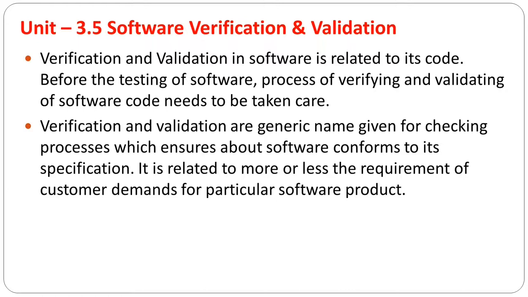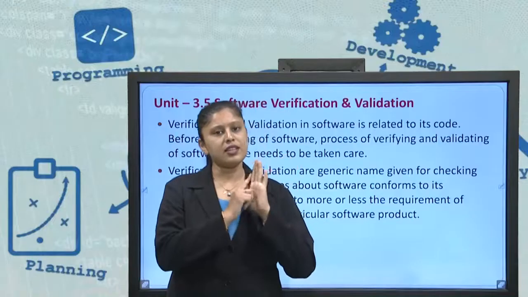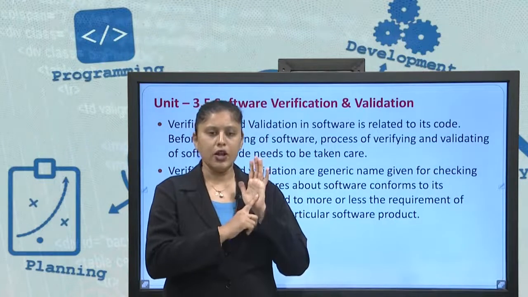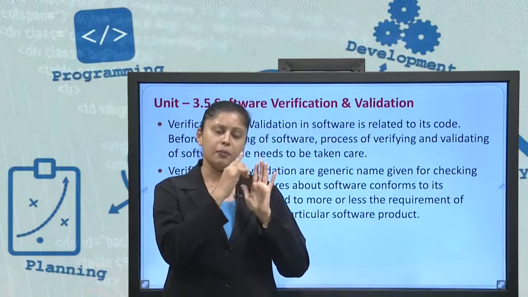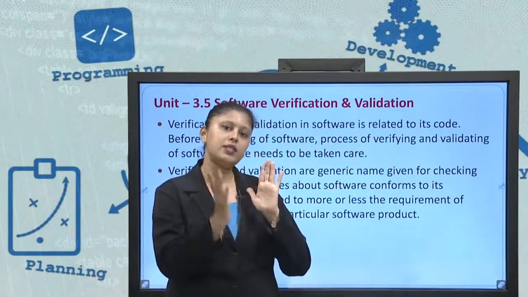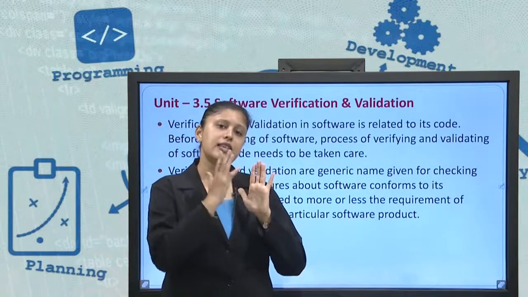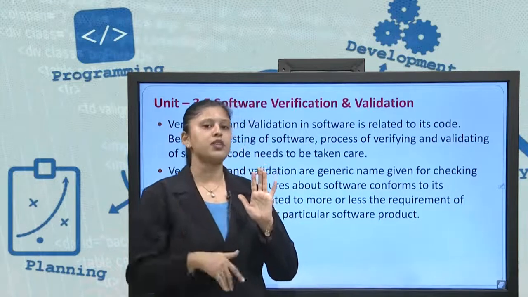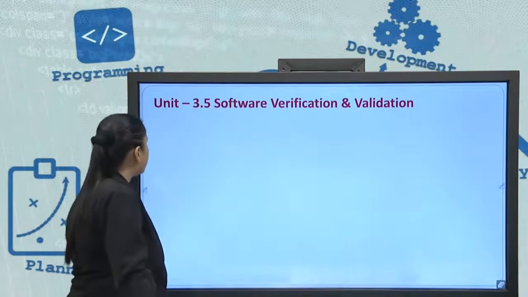It is related to the requirements of customer demands for a particular software product. All those specifications my customer has given are called customer demand. So whether whatever software I am delivering fulfills all those demands or not comes under verification and validation.